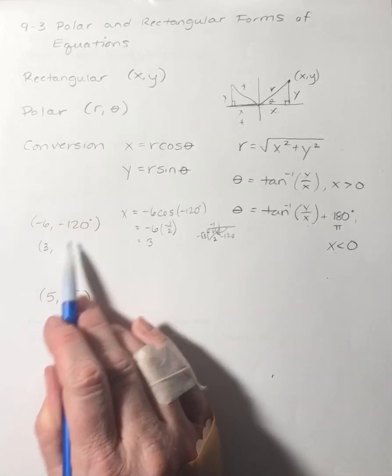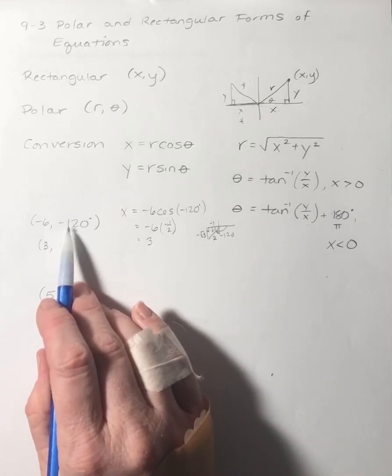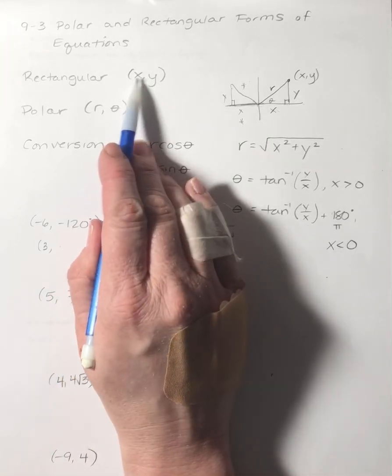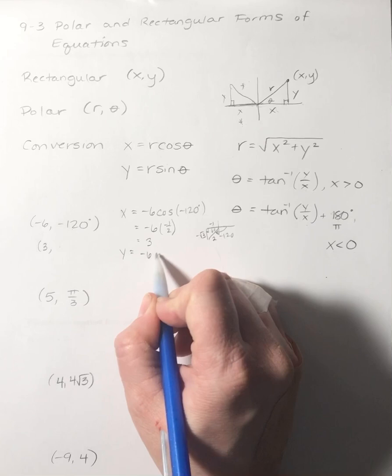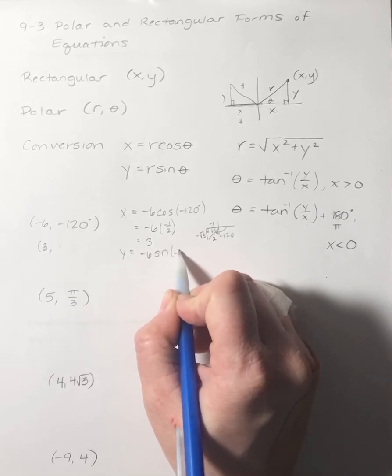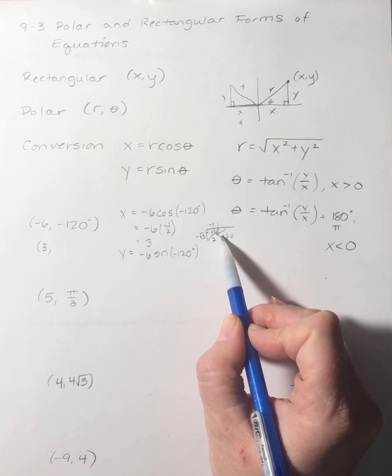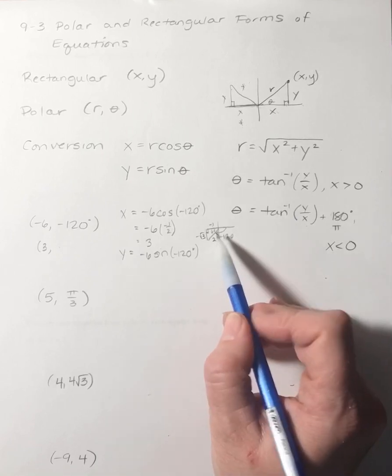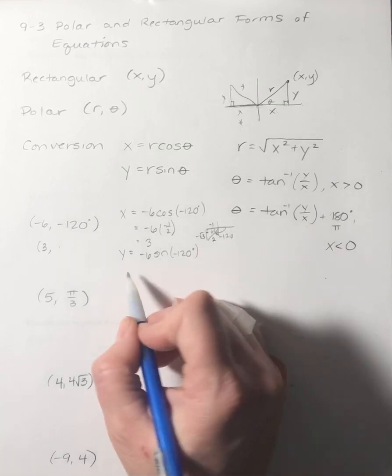And then we want our y in place of our theta, because this is going to be the rectangular x, y. So y is equal to -6 times the sine of -120. And the nice thing is if you already drew yourself a picture, you can just look at your picture. So the sine of -120 is negative square root of 3 over 2.